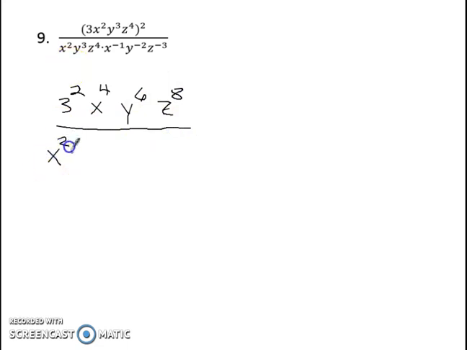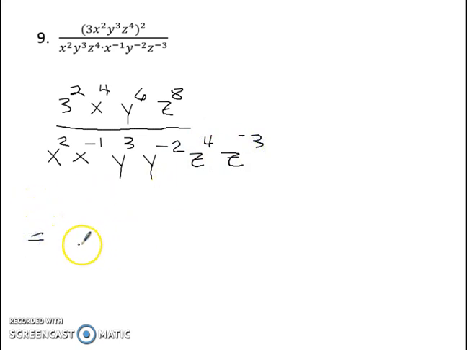So I have x to the second next to x to the negative 1, y to the third next to y to the negative 2, and then z to the fourth next to z to the negative 3. So from here, let's go ahead and simplify what we have in the denominator at this point.